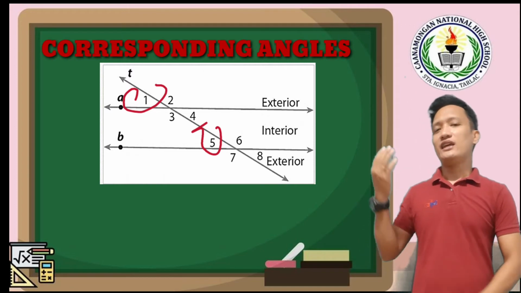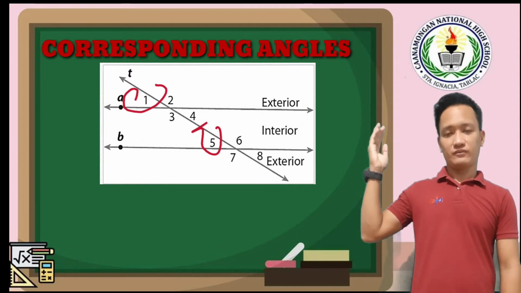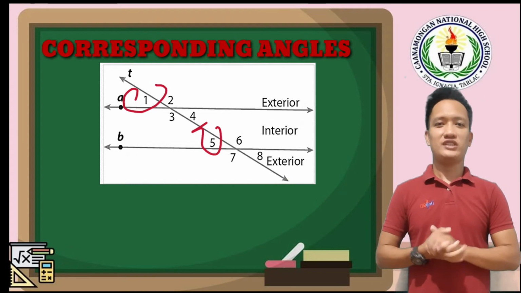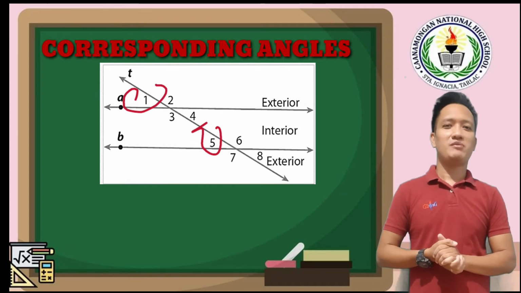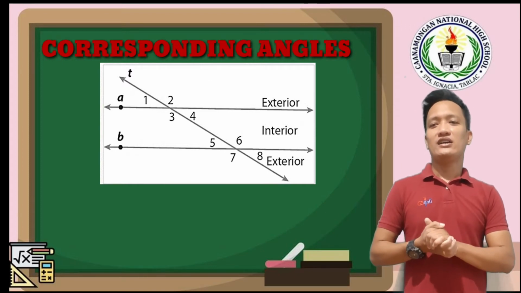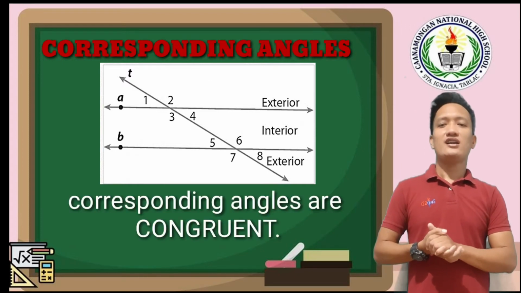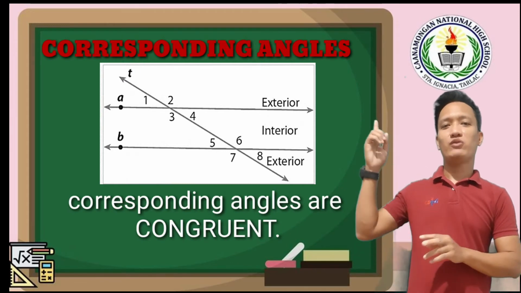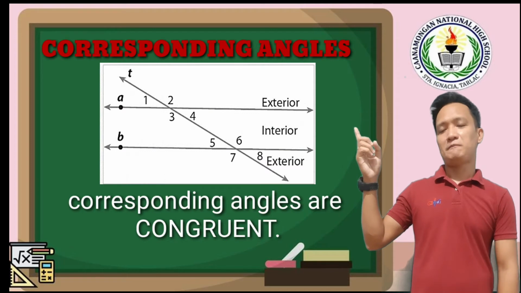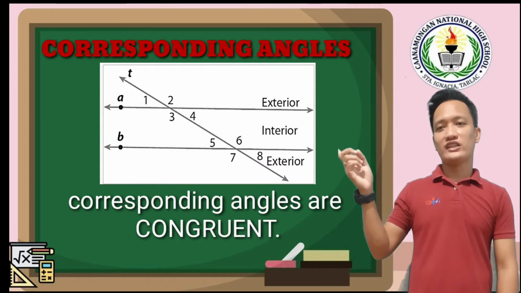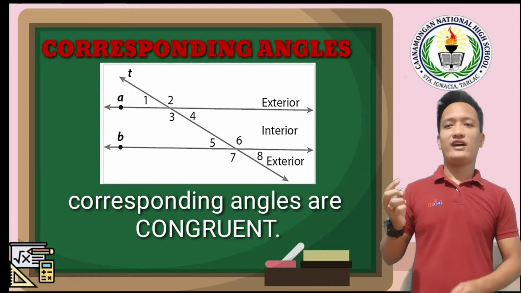So, take a look at our diagram or our figure. So, since this is a video lesson, pwede nyo naman siyang i-pause. Okay? So, tanda natin, ang kanilang alternate exterior angles are congruent. So, kapag ang measurement ng angle 1 natin ay, say for example, 40 degrees, ang ka-alternate, ang corresponding angle niya ay angle 5.